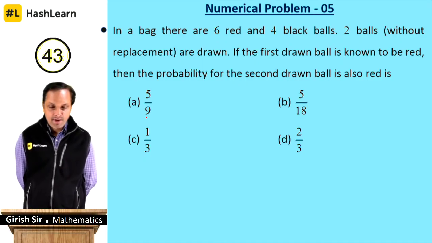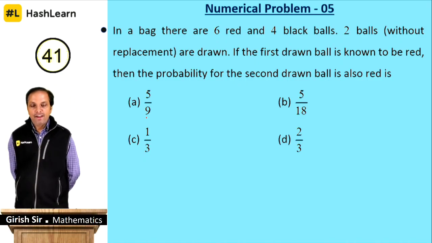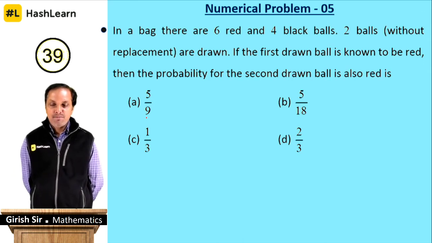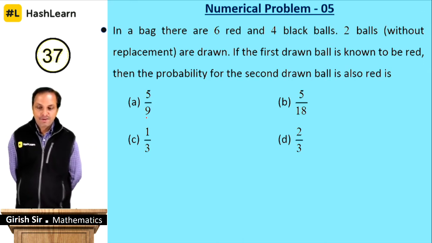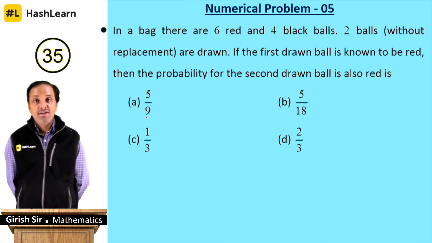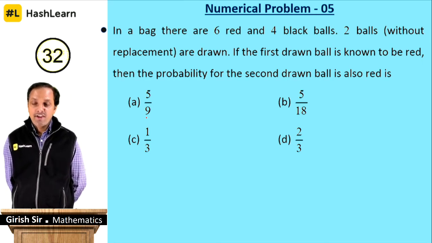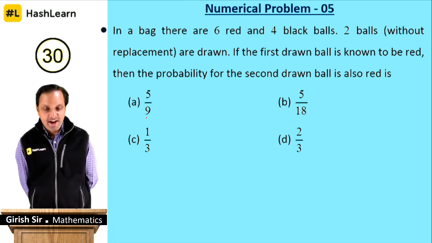Chalo, let us go to the next question for the day. Numerical 5, and here is the problem. In a bag there are 6 red and 4 black balls. 2 balls without replacement are drawn. So you are drawing and you are not replacing them again.